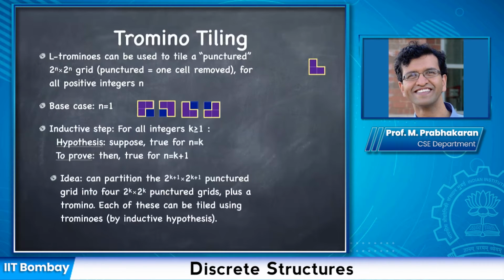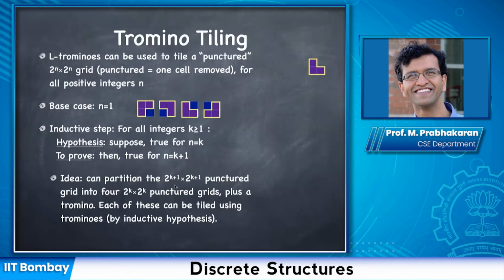What do I need to prove? I need to prove the statement holds for n equal to k plus 1. So I'm supposed to look at 2 to the k plus 1 by 2 to the k plus 1 grids which have one cell removed. So give me any such punctured grid. I have to show you how to tile it. I have to show that it can be tiled.